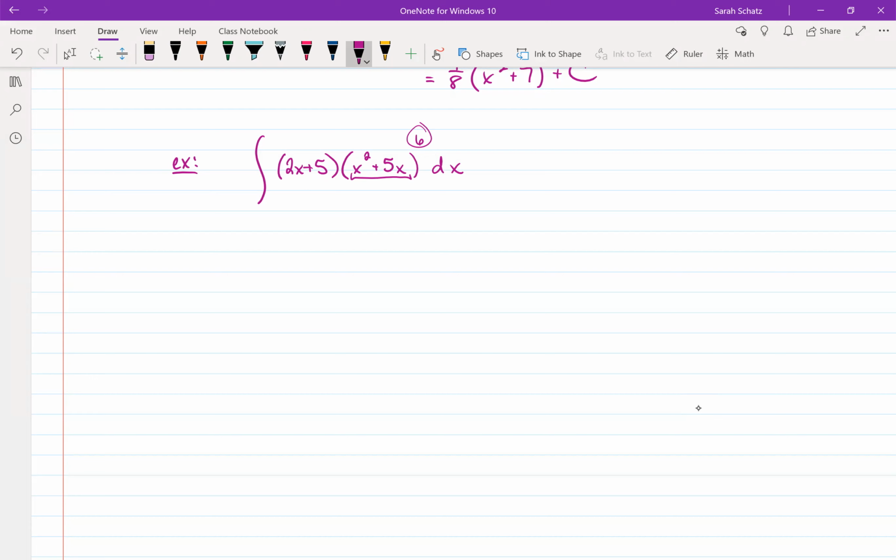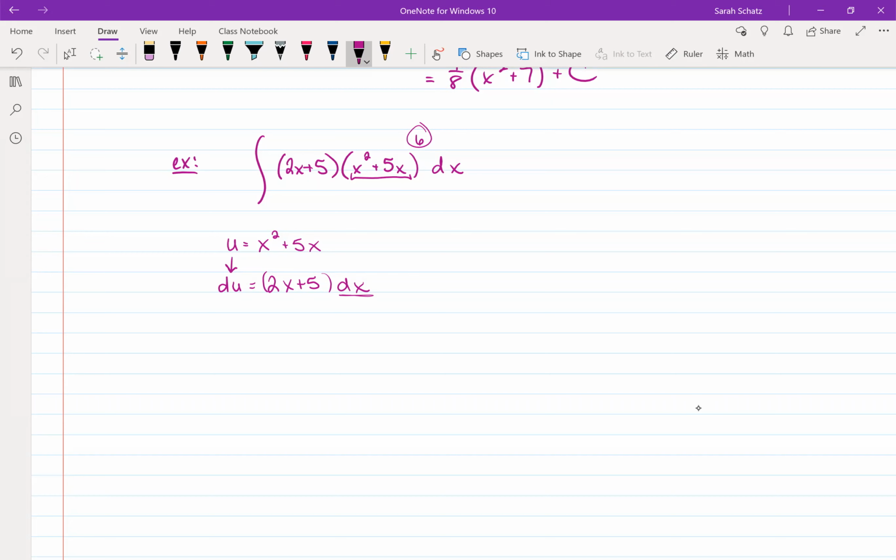That's going to be your u. So I'm going to say u is x squared plus 5x. And du, remember, take it from u, take the derivative of u, you'll get (2x plus 5) dx. So you guys, if you have multiple terms in your du, put them in parentheses with your dx here on the outside.